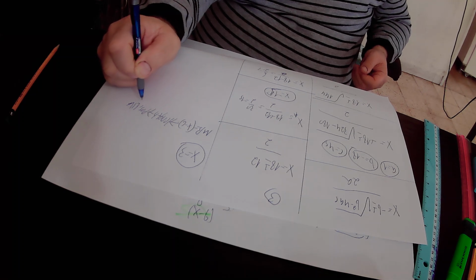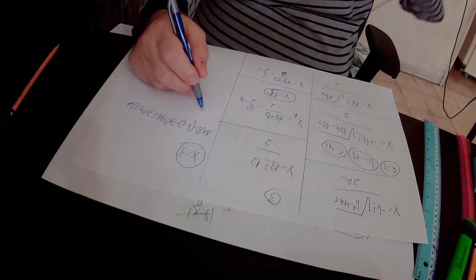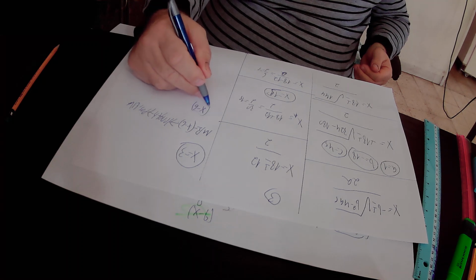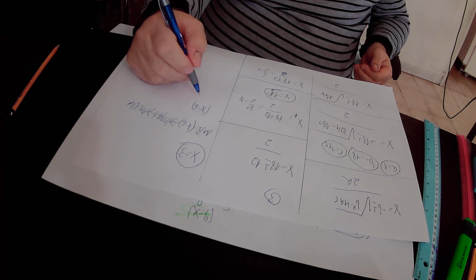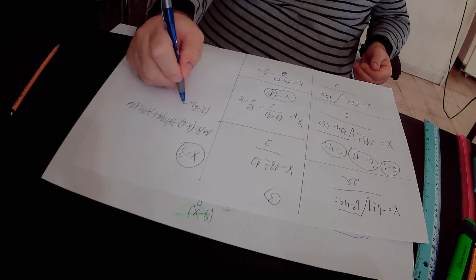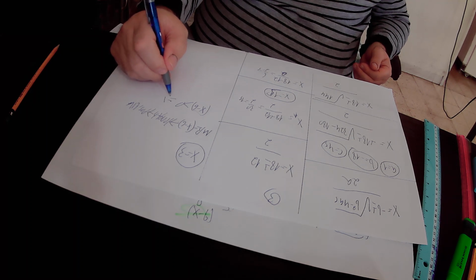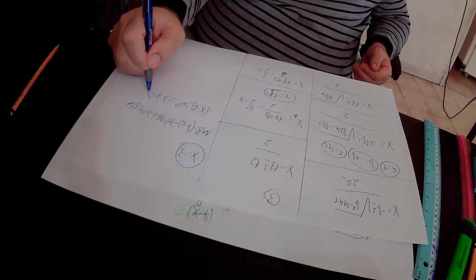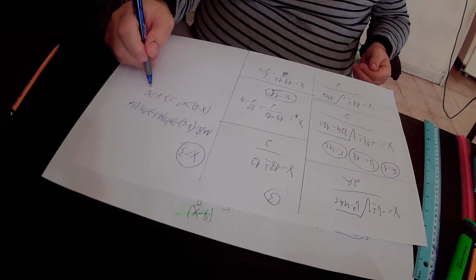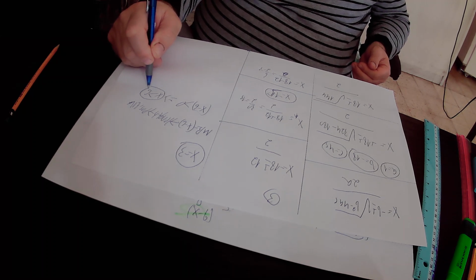That is to say, x minus 6 must be greater than 0. If x minus 6 is greater than 0, it means that x is greater than 6. So just add 6 to this inequality. In conclusion, x must be greater than 6.